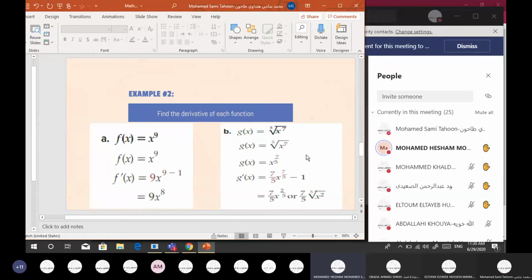We apply the power rule and multiply by the power to get 9x. But then we subtract 1 from the power to get the final answer, 9x to the power 8.